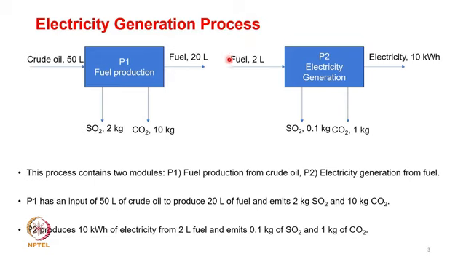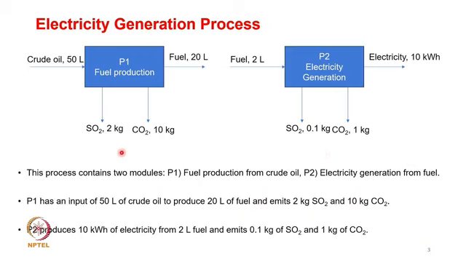In the second case, you use 2 liters of such fuel and produce electricity worth 10 kilowatt hours. Process 1 is similar to petroleum refining, because the input is crude oil and you use it to produce the fuel. The second is like any power generation process wherein the fuel goes in and you get power as output, but both of them generate footprints in terms of environmental emissions.